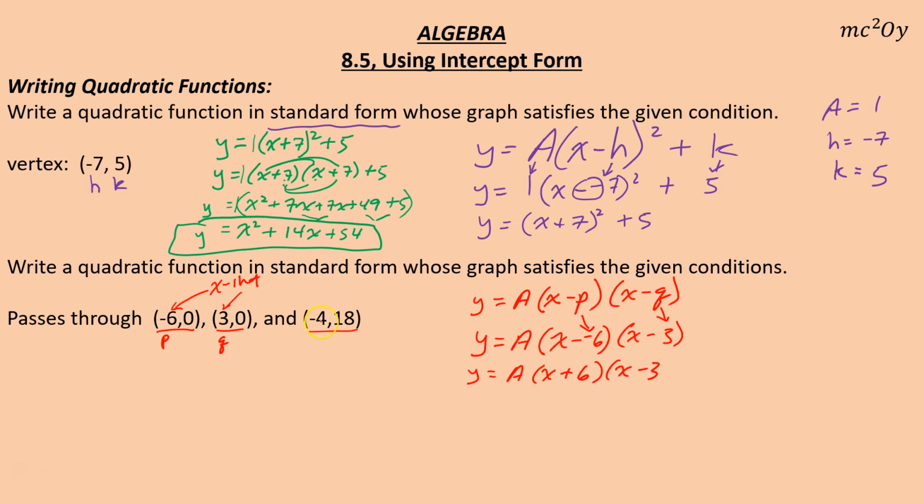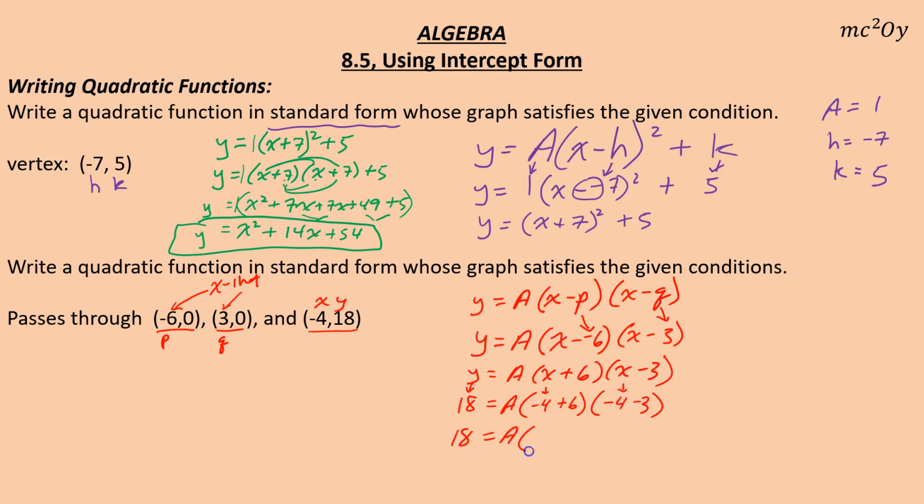Now, it also tells me another x, y coordinate. And they don't give me anything about a, but they do say it's x, y, so I have to use that for x and y. And when I substitute that in for x and y, just to show that it goes through that point, notice I'm left with a single variable. And that single variable is a. So if I do the math here, I can actually find a.